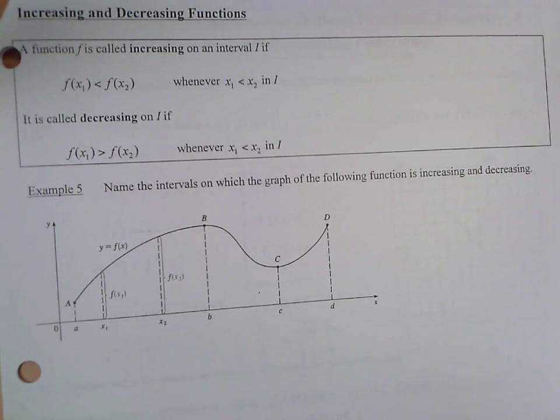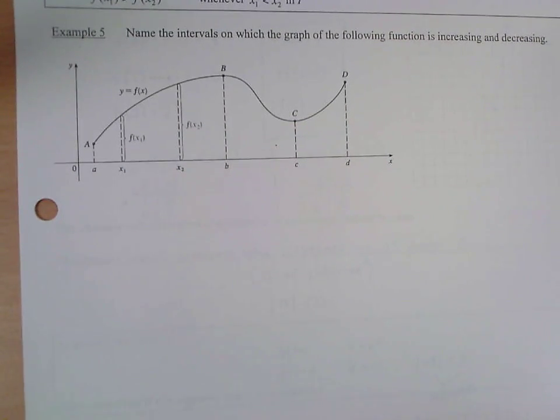The one thing I want to really point out to you is that when you are naming intervals of increase or decrease, you are naming intervals for x values, not for the y values. The intervals that you normally list are all domain, unless it specifically asks you for a range. That would be the y values.